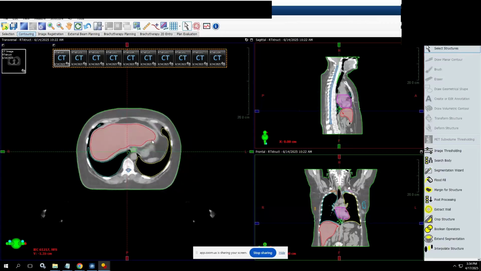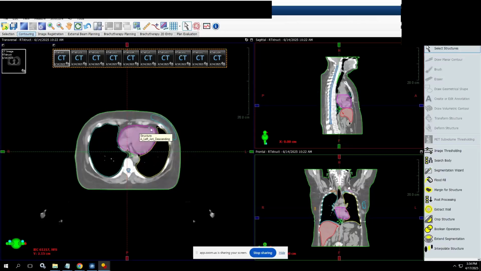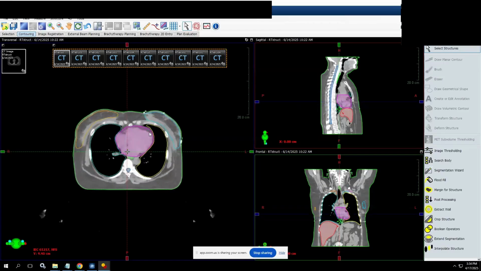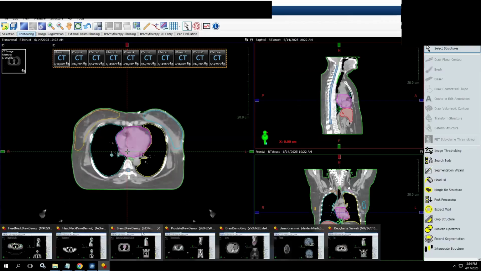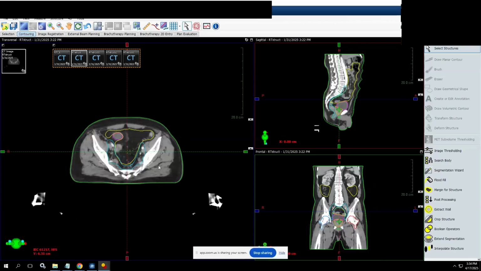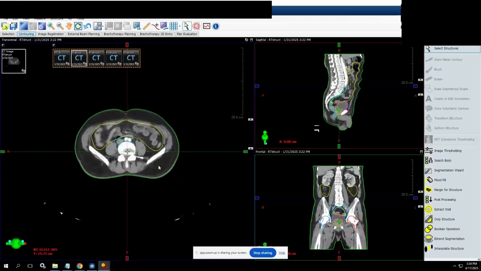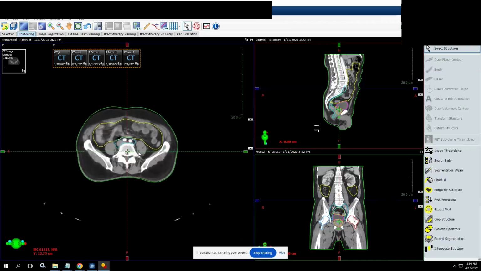Liver, heart, lung, spinal cord, esophagus, everything is drawn. In addition, we have also drawn the left anterior descending artery, and therefore this model promotes the concept of drawing of cardiac substructures.